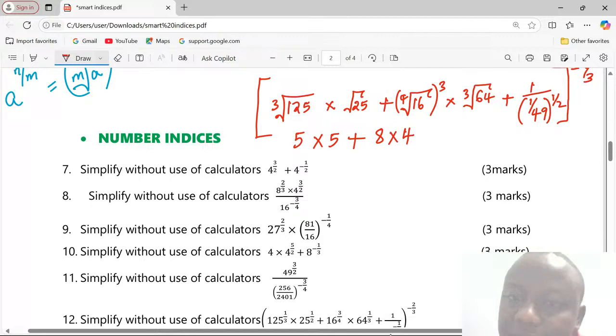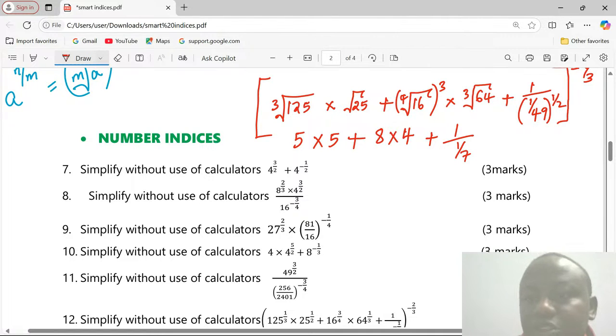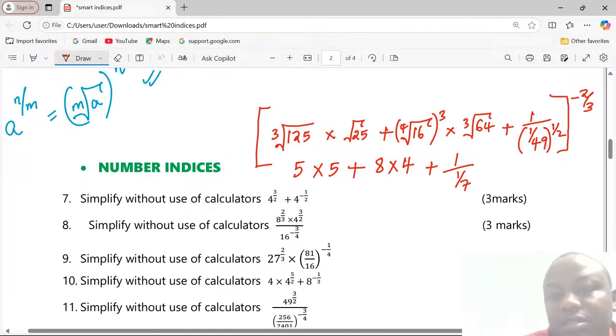At that point, we can now add again 1 divided by 1 over 49. We take the square root because of power half. When we take the square root, it will be 1 over 7. Then now there is a general power of negative 2 over 3.